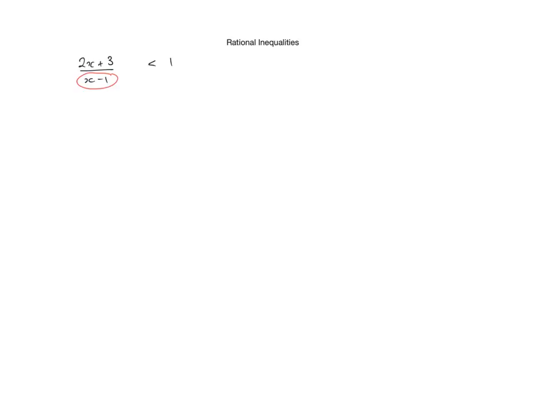Okay, so I'm going to multiply both sides just like we normally would. So I need to multiply this by (x - 1) squared, and I also need to multiply the other side by (x - 1) squared. Now, this is going to be positive. Therefore, we do not have to change that sign, and it will never change because we are multiplying by a positive.